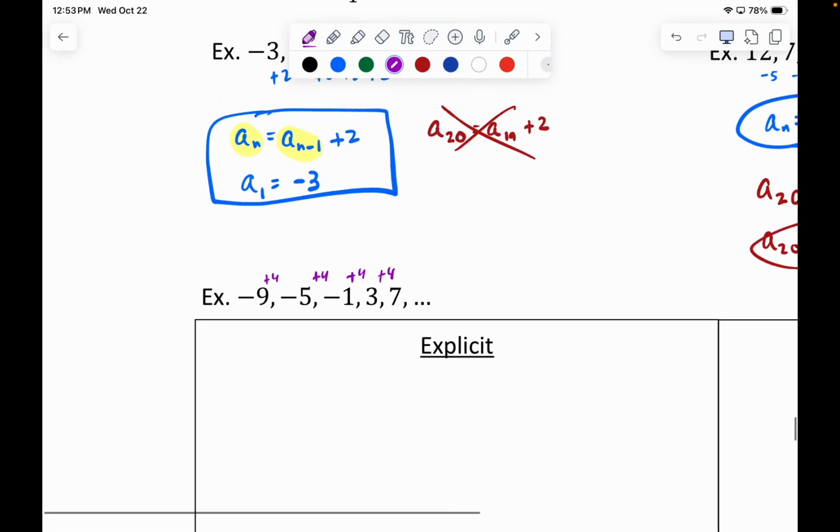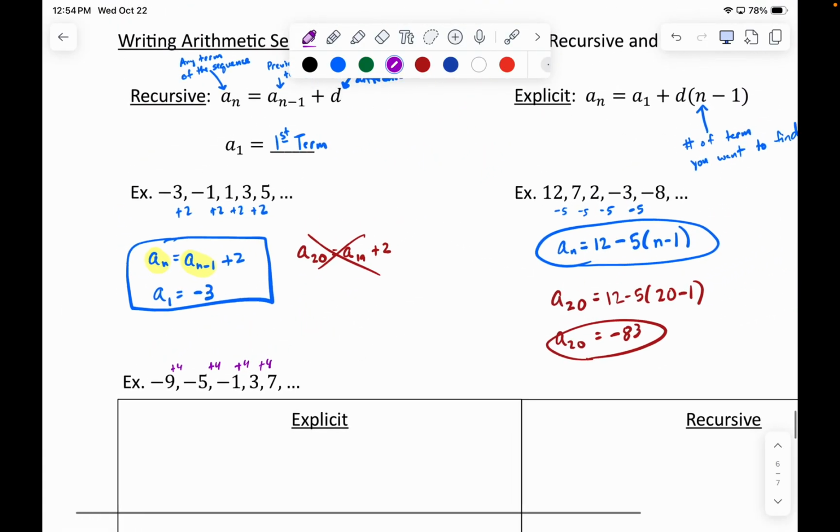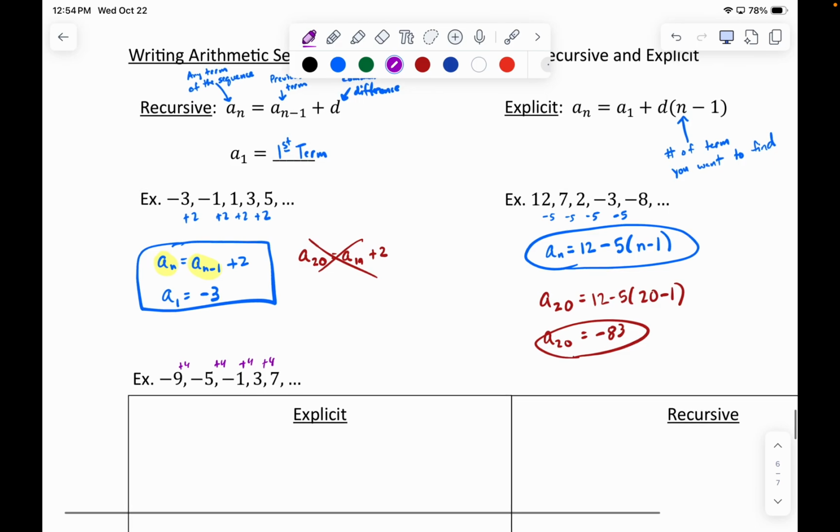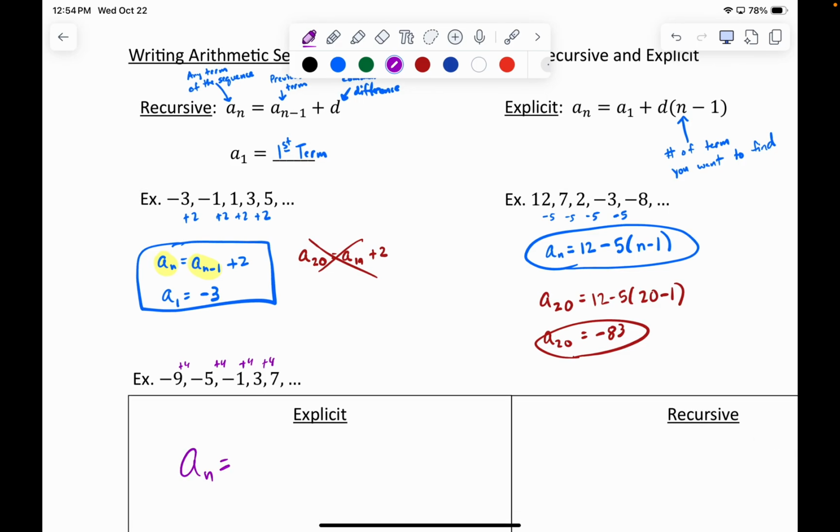So for the explicit rule, and I'm going to zoom out so we can see it, sorry if it's hard to see from your sheet. The explicit rule is a of n equals what? Remember, we're using this one, the explicit rule that I'm highlighting. What is it? Negative 9, that's the first term.